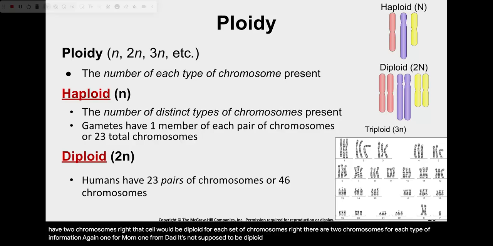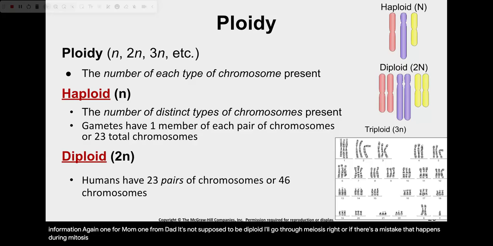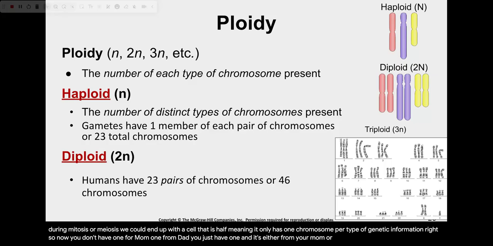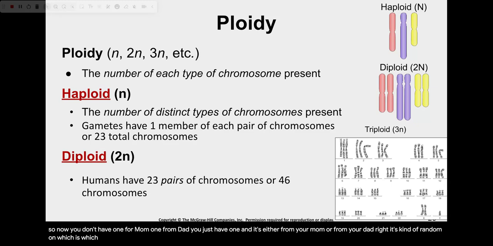Now when a cell goes through meiosis, or if there's a mistake that happens during mitosis or meiosis, we could end up with a cell that is haploid, meaning it only has one chromosome per type of genetic information. So now you don't have one from mom, one from dad, you just have one, and it's either from your mom or from your dad. It's kind of random which is which, but you only have one chromosome representing that type of information. That would be a haploid cell.